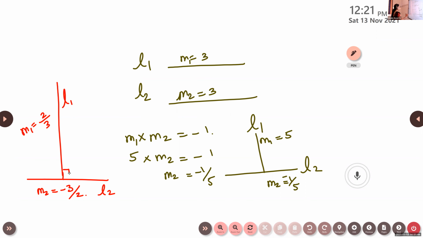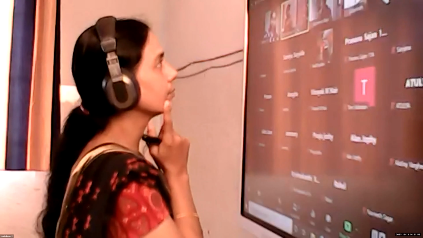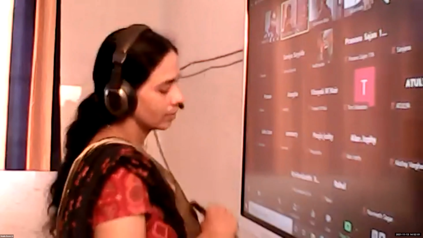If they are perpendicular, the condition to be satisfied is M1 into M2 is minus 1. Product of the slopes is minus 1. Okay. Is it clear, children? Okay, now write the next one.